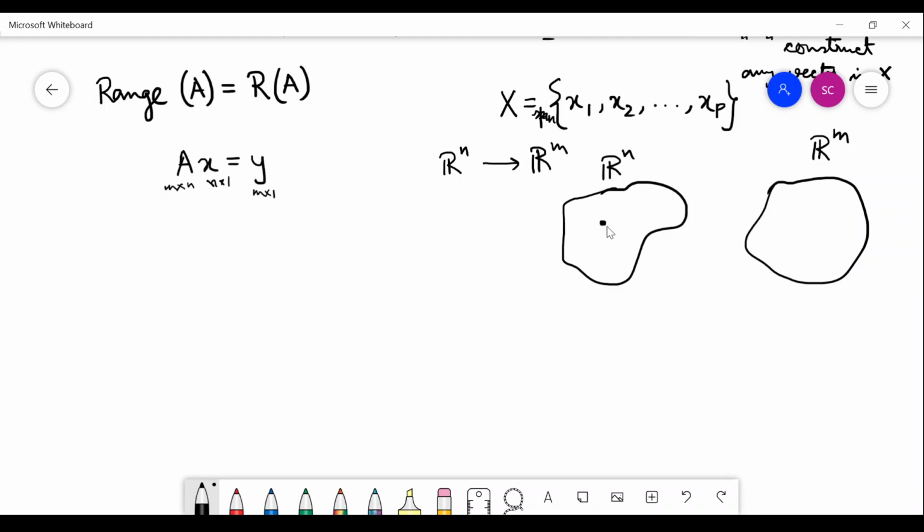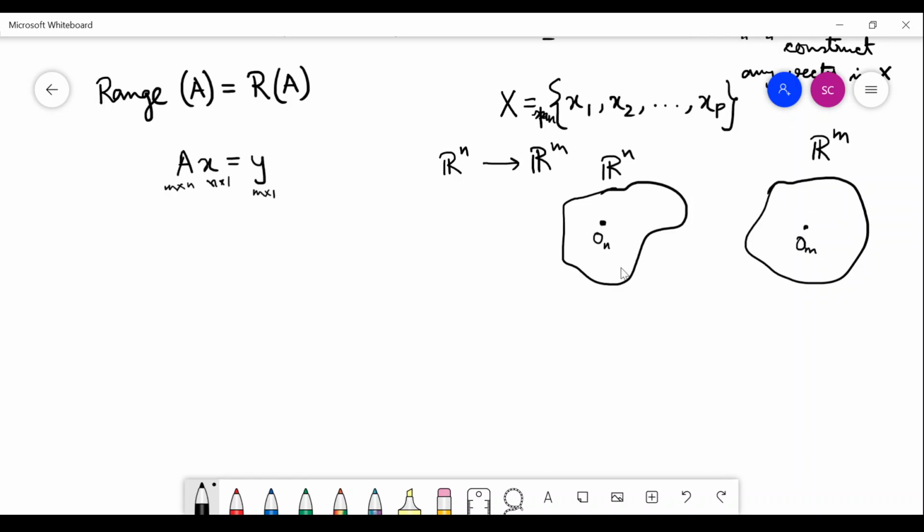What is happening when we do the operation Ax? We are taking a vector from this, so this is a 0 vector, 0 in the n space, this is a 0 in the m space, and since both are Euclidean spaces of different dimensions, this 0 point can be different also.